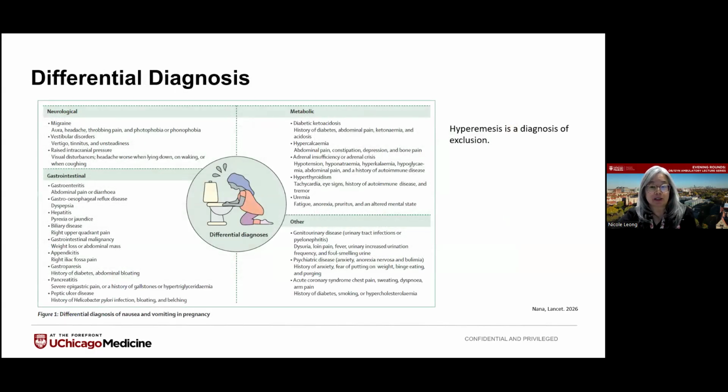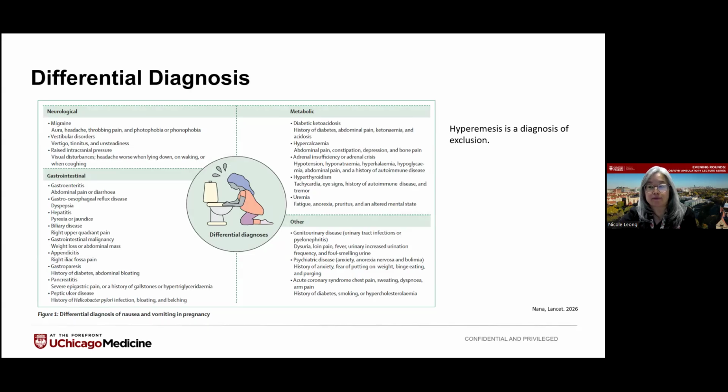So as I mentioned before, nausea and vomiting in pregnancy and hyperemesis is really a diagnosis of exclusion. So we need to make sure that we're evaluating for other potential causes of severe nausea and vomiting in pregnancy. And this is from the same article that I mentioned from the Lancet, and it breaks down into different categories.